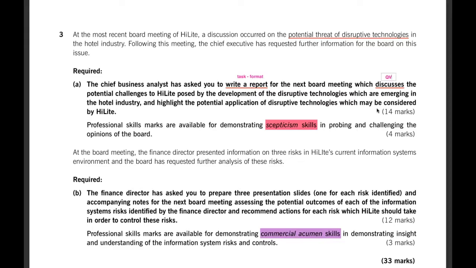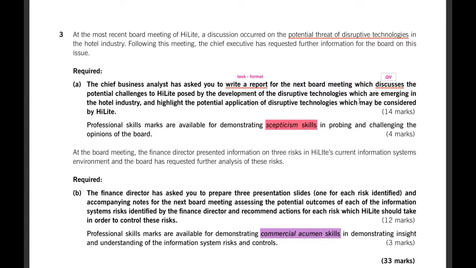The potential challenges to highlight posed by the development of the disruptive technologies which are emerging, okay, in the hotel industry, and highlight the potential application of disruptive technologies which may be considered by highlight.